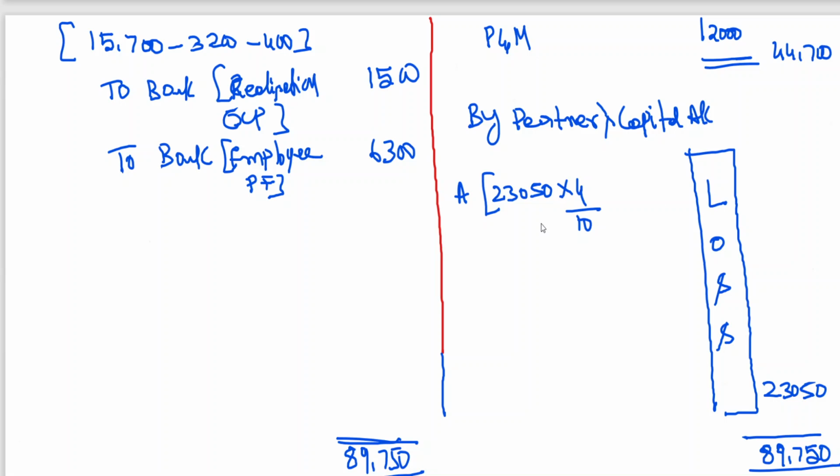Okay. So 23,050 into 4 is coming to 9,220.